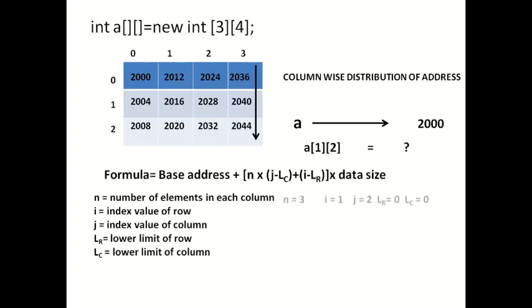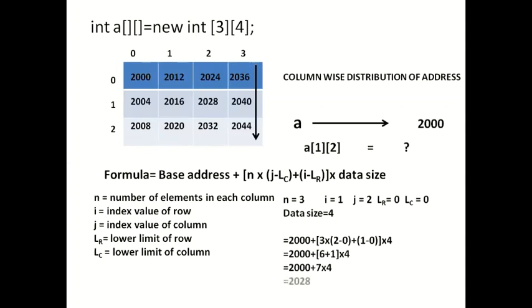If you put all these values, it will go like this. The value of n is 3 because the number of rows is 3. I is 1, j is 2 because I'm looking for the address A1 of 2. LR is 0 and LC is 0, and the data size is going to be 4. If you put all these values, your expression will go like this, and finally you will get the address 2028, which you can verify from this.